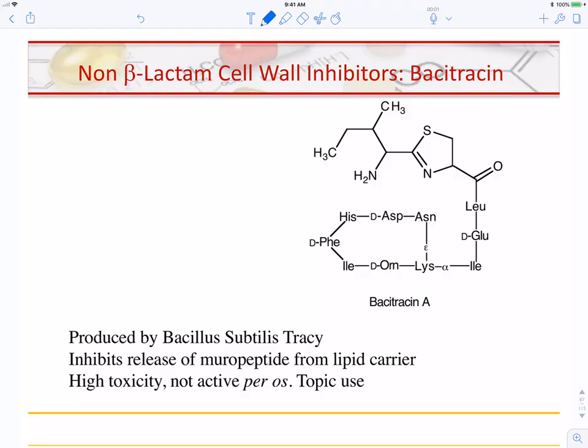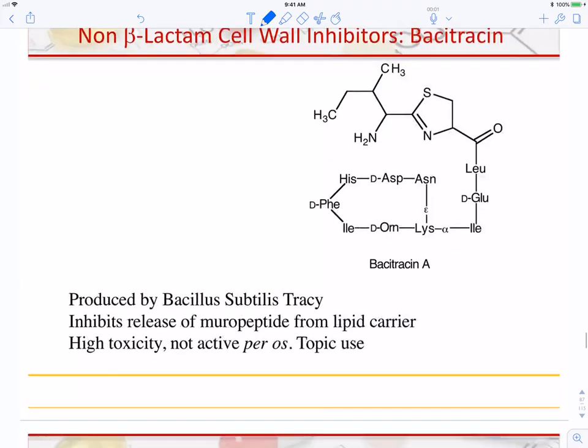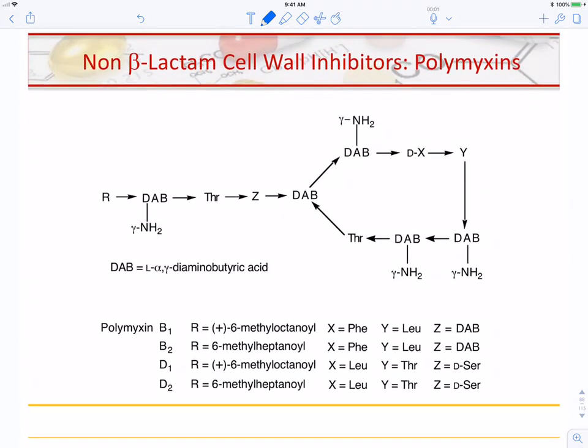Because it decreases the release, the molecule basically cannot be released outside the membrane. So this is a very toxic antibiotic, which basically cannot be used systemically. It's also not active orally, and so we use it mainly for topical applications.